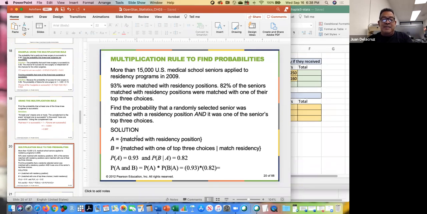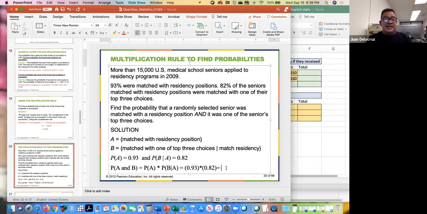So we have A, the match with a residency position. B is the match with one of the 3 top choices, given that they have been matched with the residency. The probability of A is 93%, 0.93. The probability of B, given that A has already occurred, is 0.82. The probability that A and B happen in sequence is, once again, the probability of A times the conditional probability of B, given that A has already occurred.